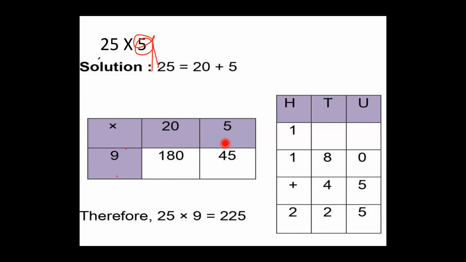Next, that is 9 multiplied by 5. 9 fives are 45. Now which numbers have we received? We have received 180 and 45.